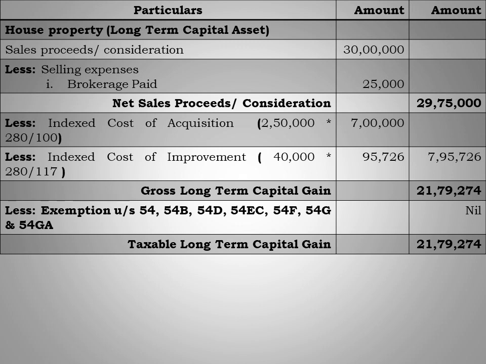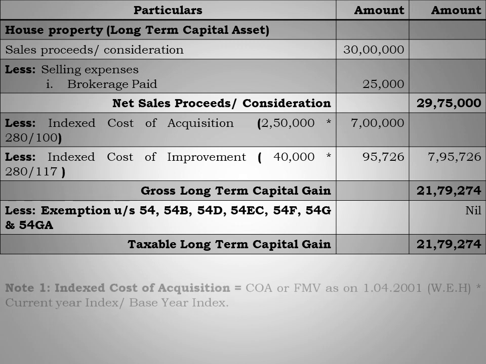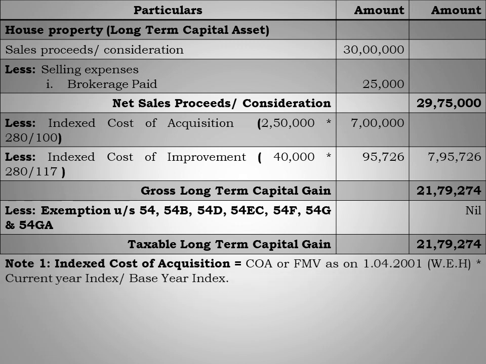The first one is the indexed cost of acquisition. So here the indexed cost of acquisition is computed by using the formula of the cost of acquisition or fair market value as on 1st April 2001 if the property has been acquired before our base year. So out of these two amounts we have to consider the highest value, and here the asset was acquired by the original owner for rupees 1,50,000 on 1/4/2000, and the fair market value as on 1/4/2001 is rupees 2,50,000.